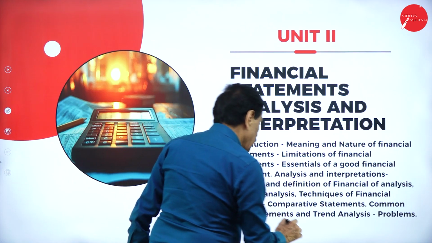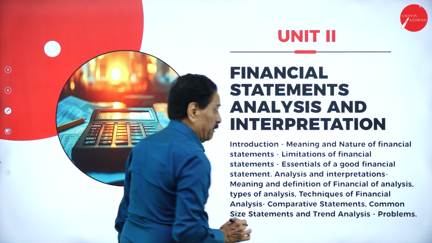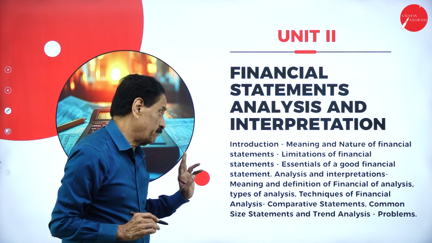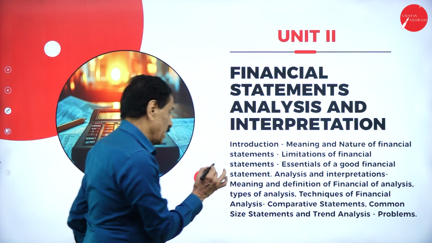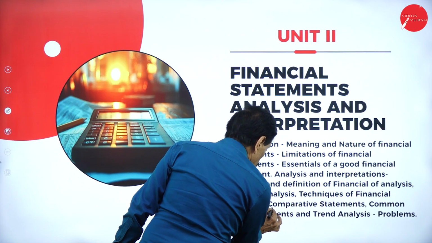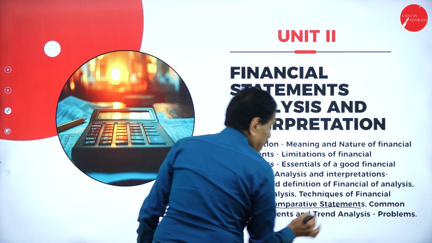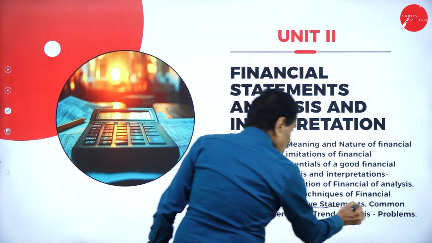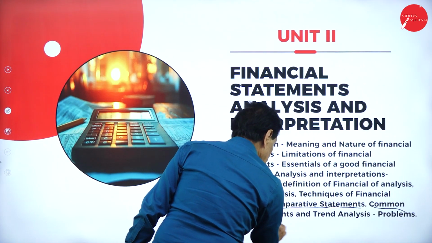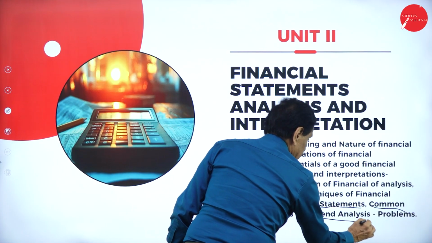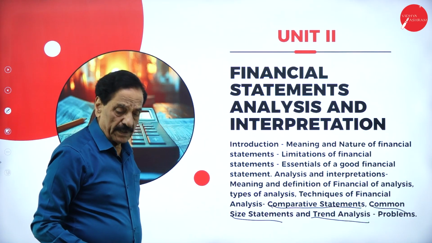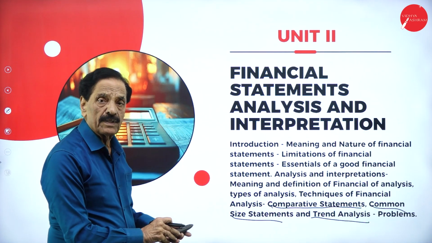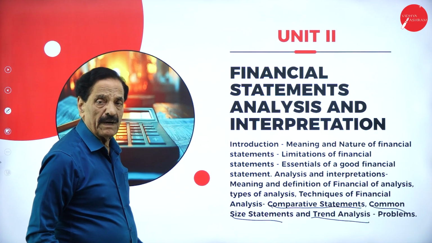So the problems come from comparative statement, common size statement, and trend analysis. Generally it will be asked for 10 marks. Sometimes they may ask for 15 marks, comparative balance sheet.